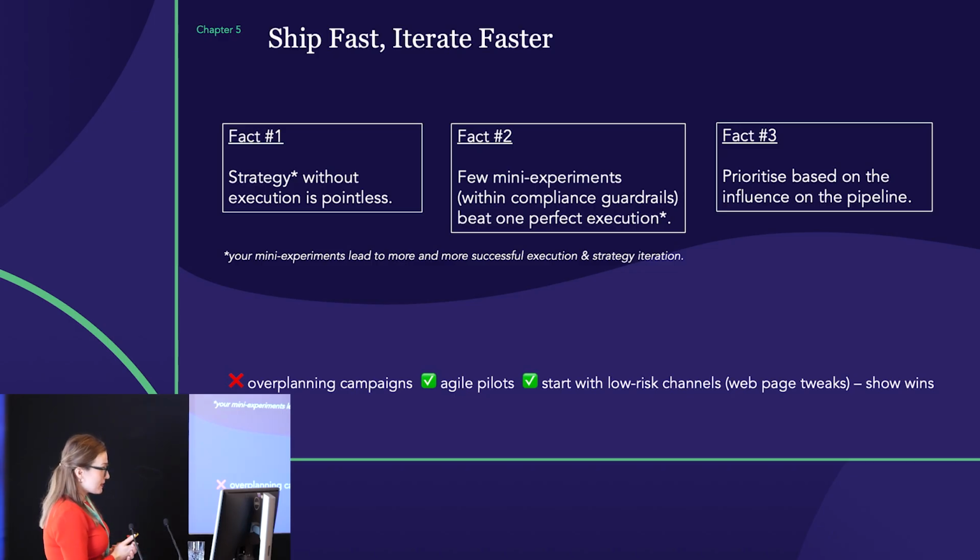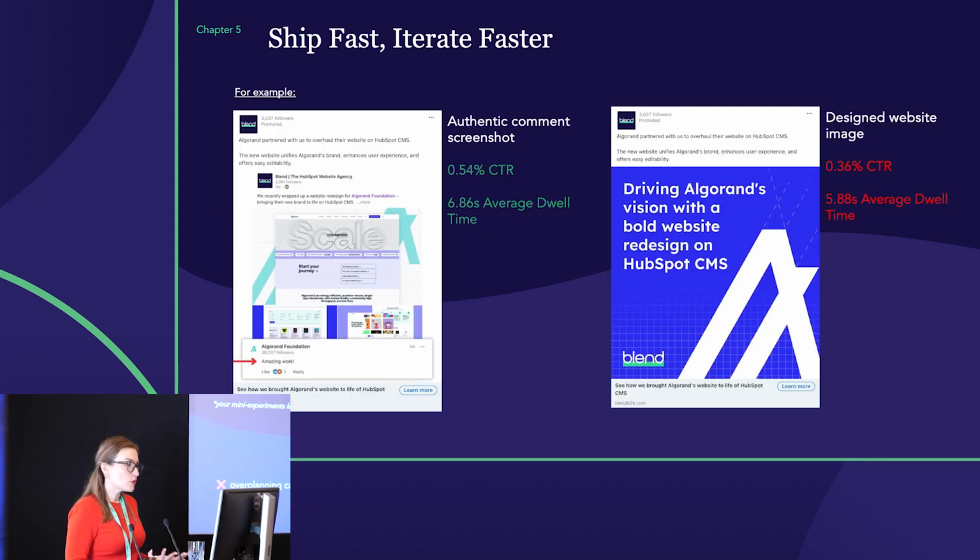I would also like to highlight that a few mini experiments within the compliance guardrails beat one perfect execution. And also, we do need to prioritize execution based on the influence on the pipeline. And this directly links with the graph that we showed earlier. What we typically see at Blend is that sometimes over-planning can stall campaign launches.